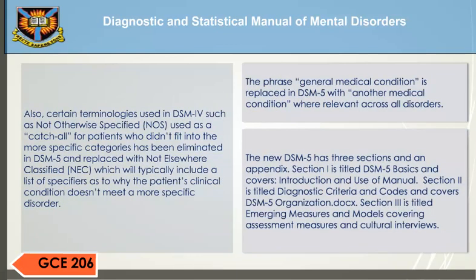Also, certain terminology used in DSM-4, such as not otherwise specified, used as a catch-all for patients who didn't fit into the more specific categories, has been eliminated in DSM-5 and replaced with not elsewhere classified, which would typically include a list of specifiers as to why the patient's clinical condition doesn't meet a more specific disorder. The phrase general medical condition is replaced in DSM-5 with another medical condition, where relevant across all disorders.